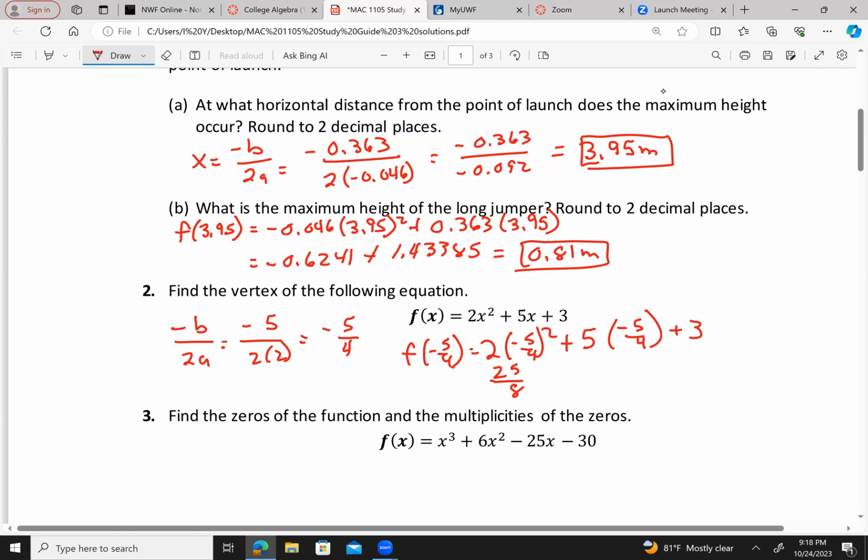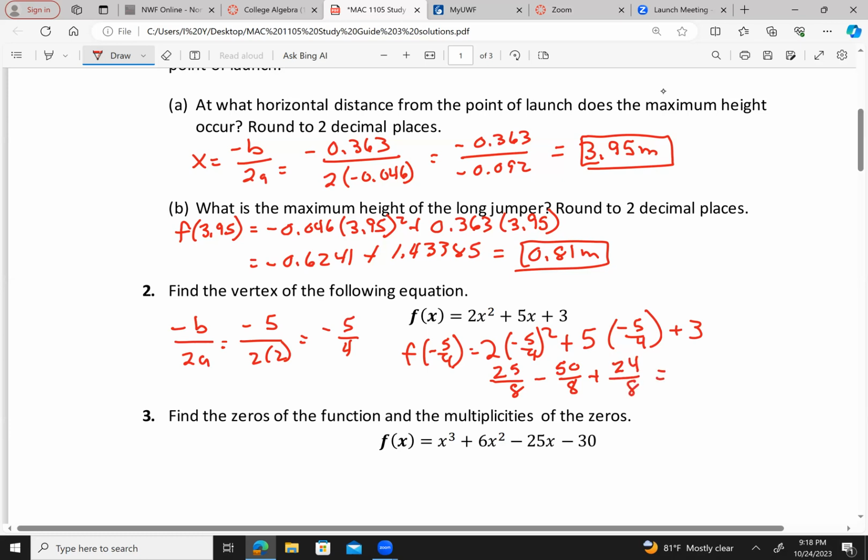Here, 5 times negative 5/4 is negative 25/4, which would be negative 50 over 8. And 3 is simply 24 over 8.